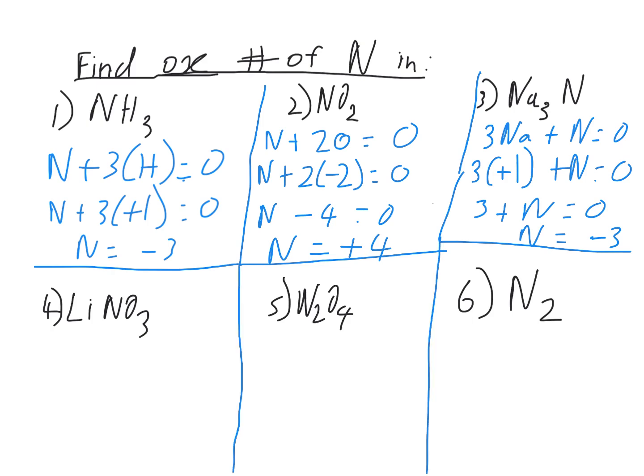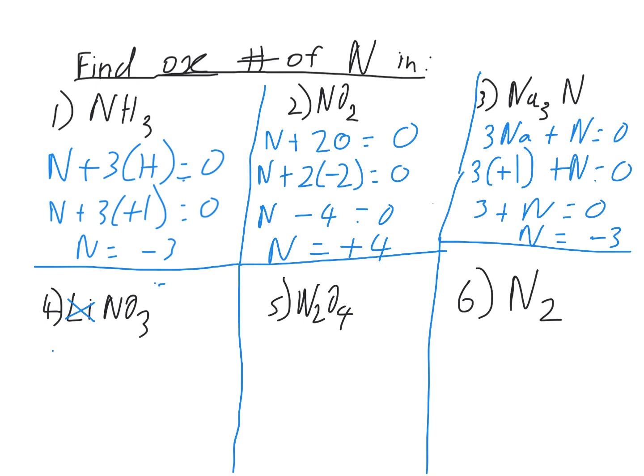Moving on, lithium nitrate. This one's a little bit trickier. There are actually a few ways to approach this. The way I'm going to approach it is by ditching the lithium and just looking at nitrate. Remember, polyatomic ions, their oxidation number should add up to charge, and the charge of a nitrate is minus 1.